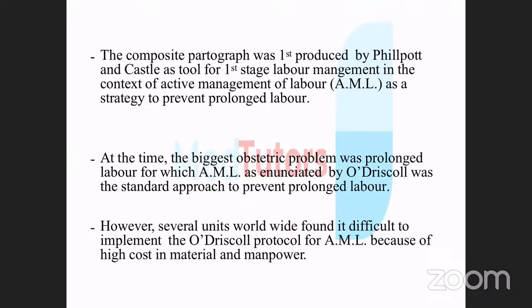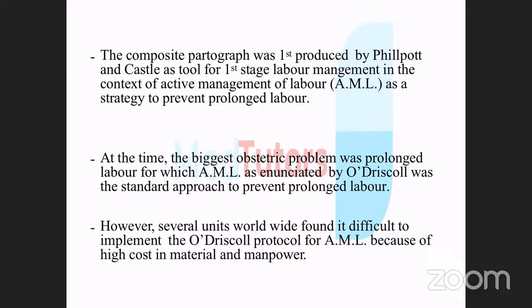Now, the composite partograph that we're using today was developed by Philpott and Castle as a tool for managing the forces of labor in the context of active management of labor. And this was developed in Africa here. It was developed by Philpott in Zimbabwe.